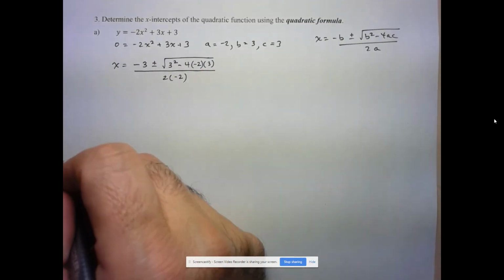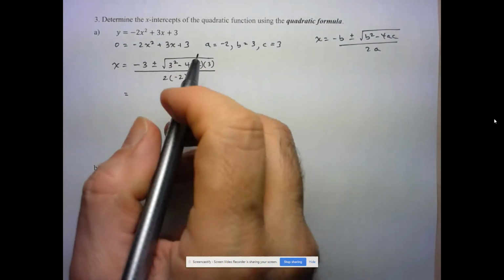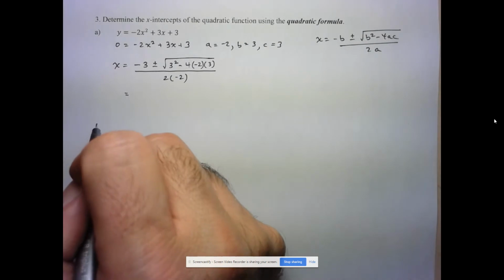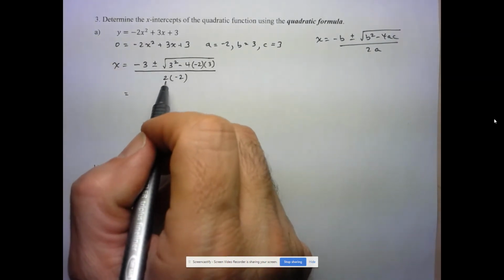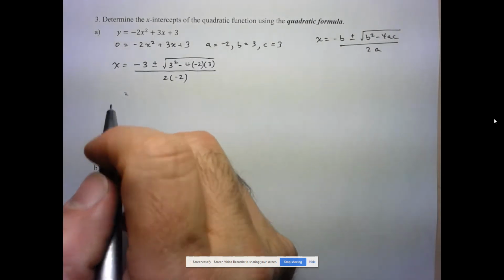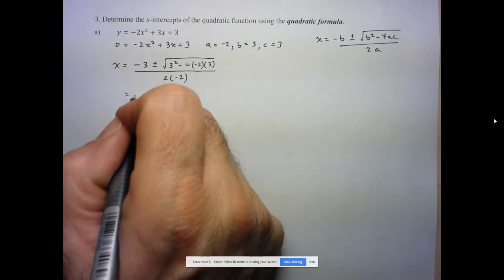Now the next thing I would suggest doing is simplifying the input to the square root and the denominator, and then from there inputting that into your calculator if you need to find an approximation.